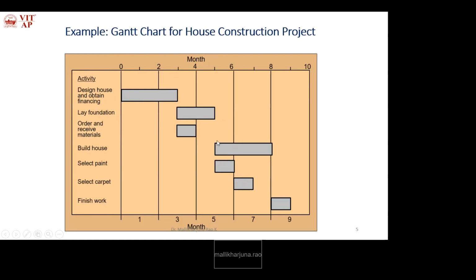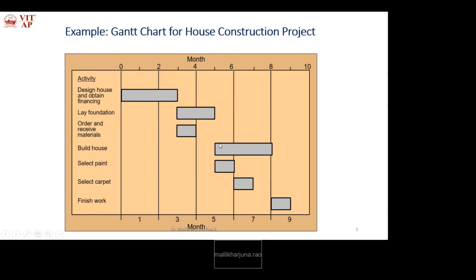Activity 4, build house, and activity 5, select paint, start on the same day, so we can say these are parallel activities, and they depend on activity 2, lay foundation. That means they can be started only after completion of that activity. So some dependency exists.